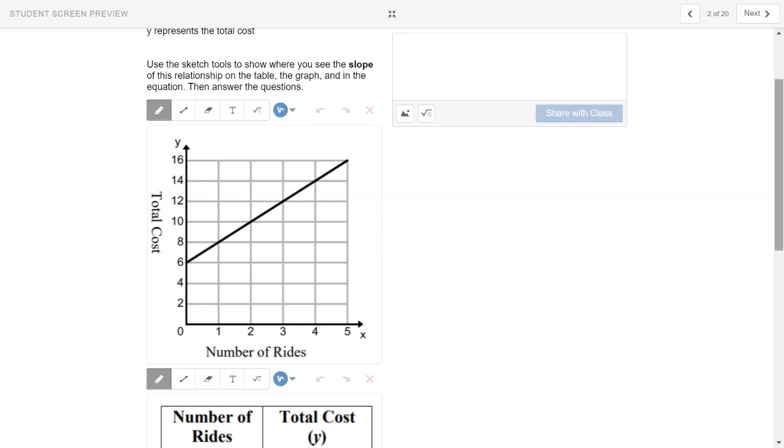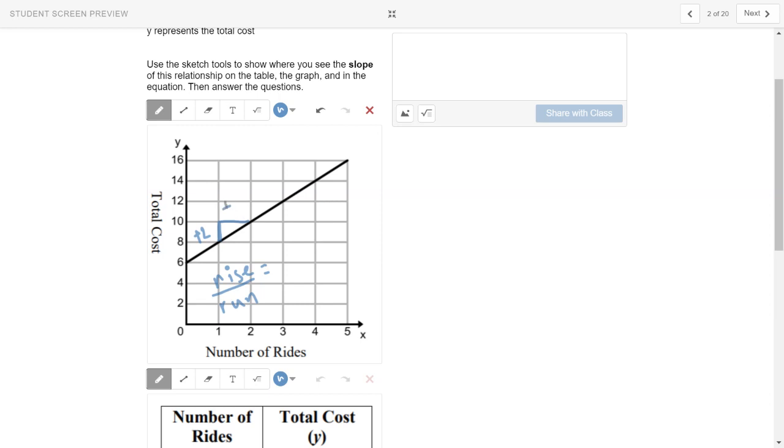One of the things that we learned last trimester is that slope is the ratio rise over run. So in this case, this is the rise, and the rise from 8 to 10 is going up 2. And then the run goes from 1 to 2.